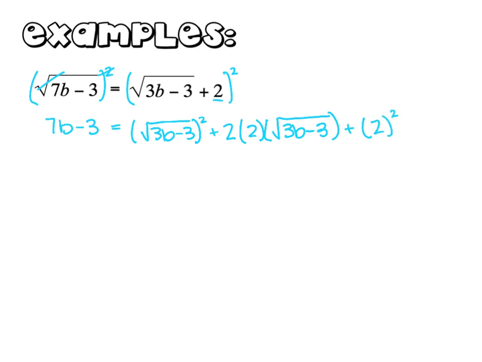Right, what does that simplify to? Well, square root and squared cancel. So I have 7b minus 3 is 3b minus 3 plus 2 times 2 is 4 times the square root of 3b minus 3 plus 2 squared is 4.